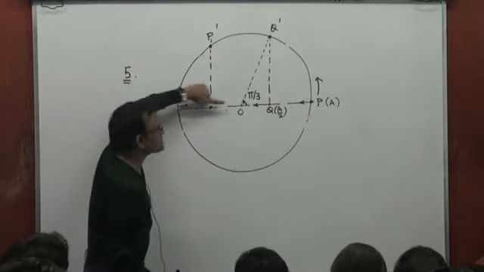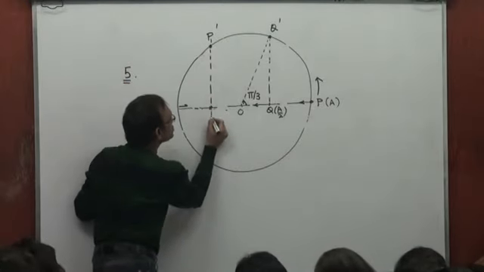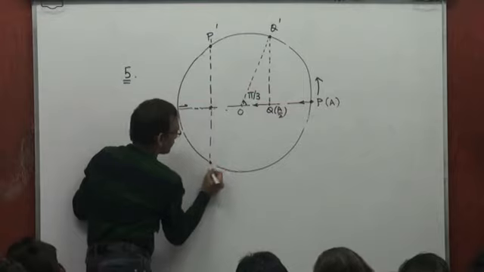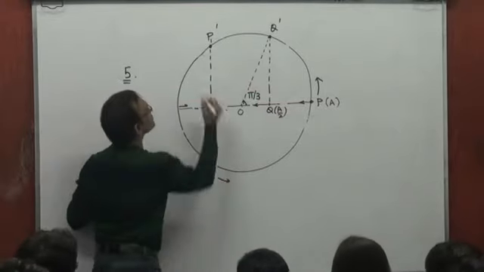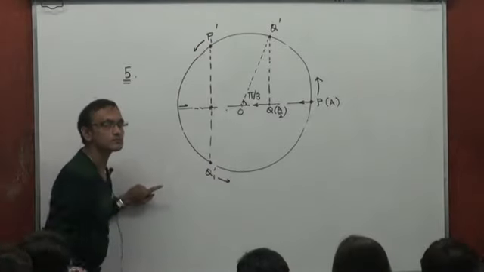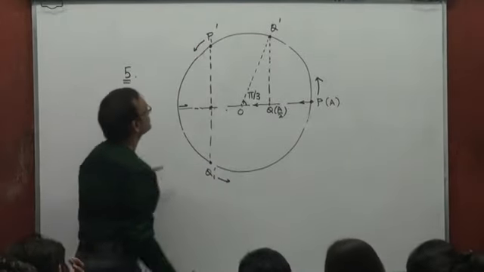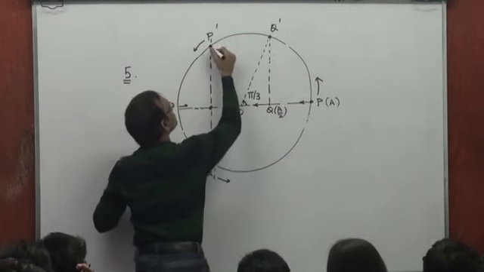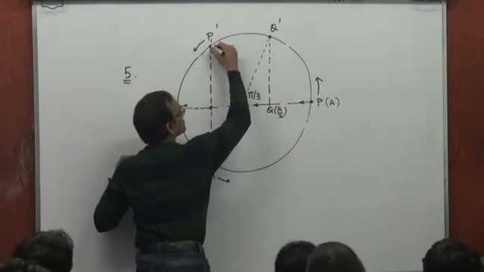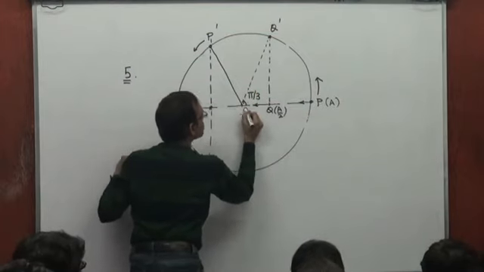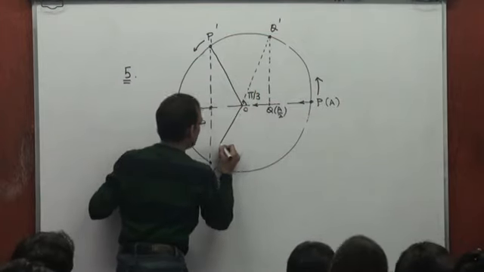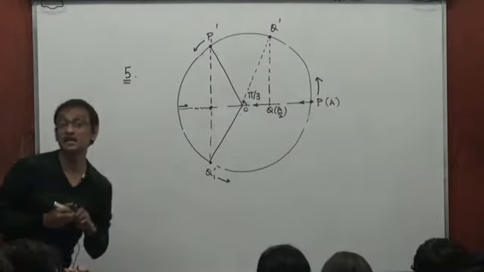And since Q is traveling rightwards, its auxiliary particle would have been, let's say, Q1 prime here, and would be moving like this. This would be moving like this. Right? And in the same time, both the auxiliary particles would have described the same angle at the center.